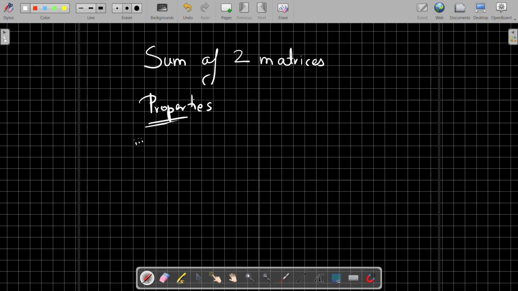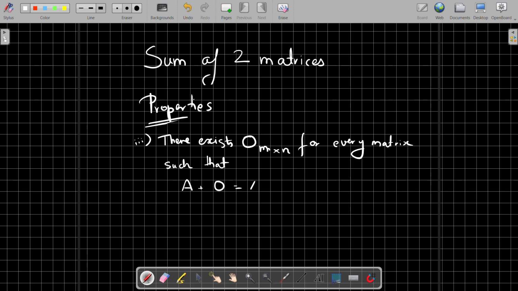So the third property is, there exists an M cross N null matrix O for every matrix A such that A plus O equals A. Now again, O over here is a null matrix.